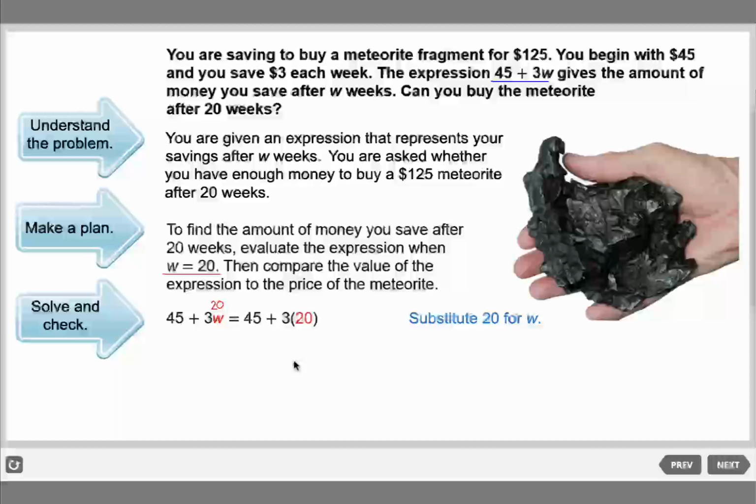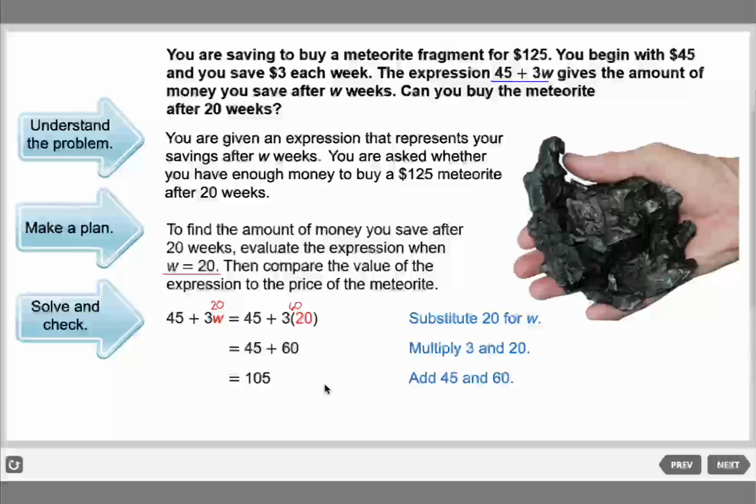Okay. Now, how should we start? Addition or multiplication? Multiplication. Great. So 45 plus 3 times 20, I mean 60. Great. Because multiplied is equal 60. It's equal 105, I think.